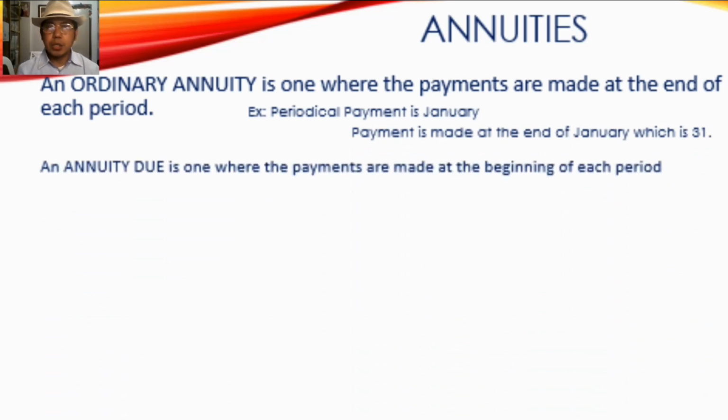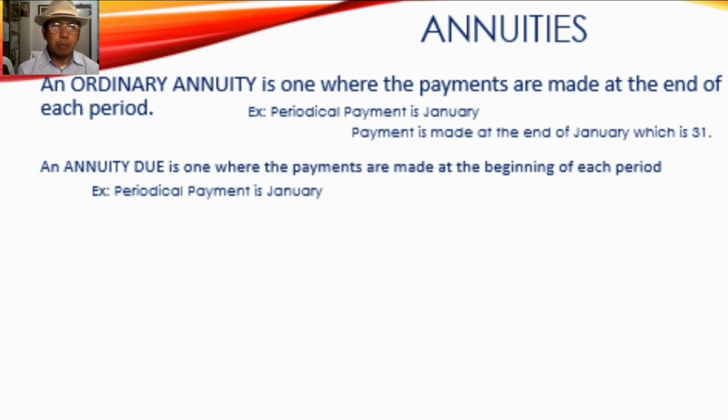Another one is annuity due. Now, it is the opposite of the ordinary annuity. Why opposite? Because the schedule of payment is at the beginning of the payment interval. So, shall we say your payment is to be made monthly, and your payment is for January.